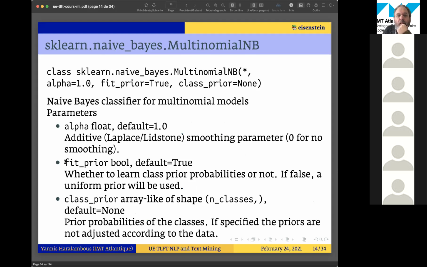Another parameter is fit prior, whether to learn class prior probabilities or not. So what is a prior? If you remember from the Bayes theorem, you have posterior equals to likelihood times prior divided by evidence.